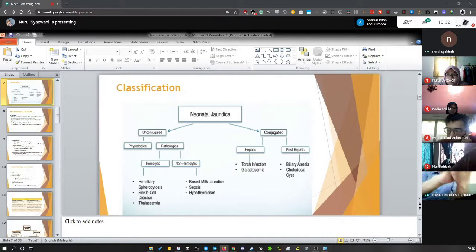If you have 4 deleted alleles, the baby will be born with erythroblastosis fetalis and will have jaundice. With 4 deleted alleles, we call it Barth hemoglobin.